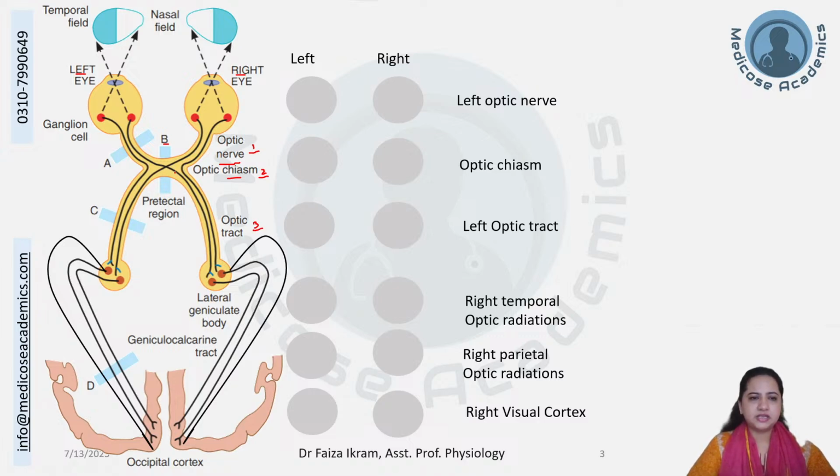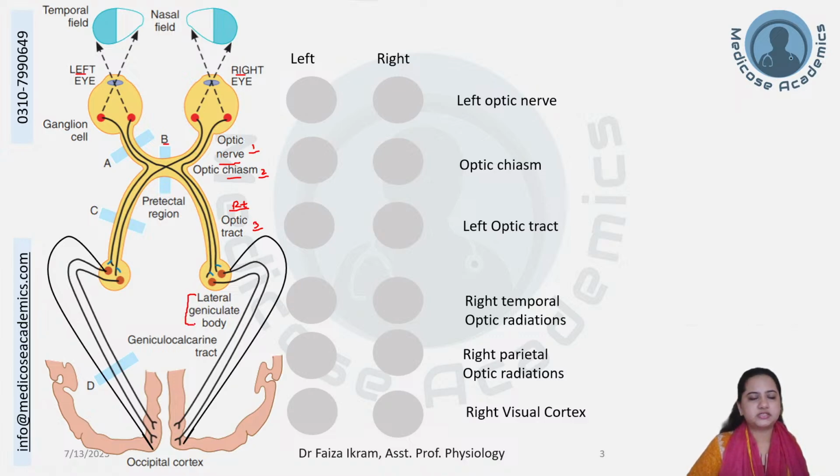The optic tract has nasal fibers from the contralateral retina, the nasal half of the left retina in this right optic tract, and the temporal half of the same side of the retina, that is the right retina. This optic tract goes on and synapses with the lateral geniculate body.